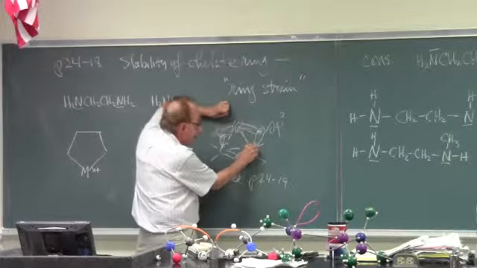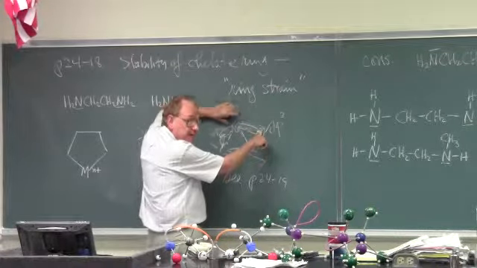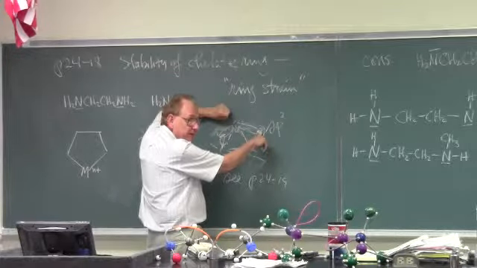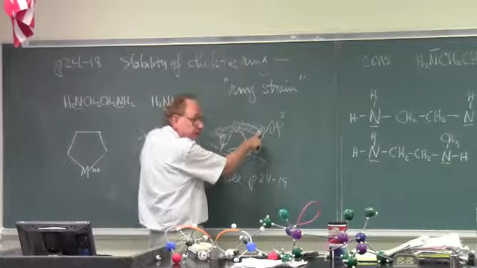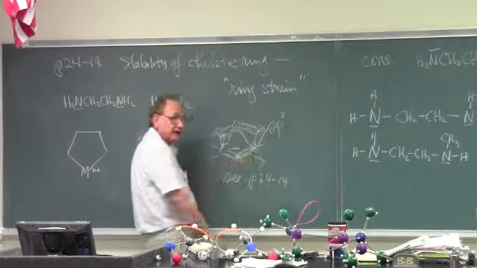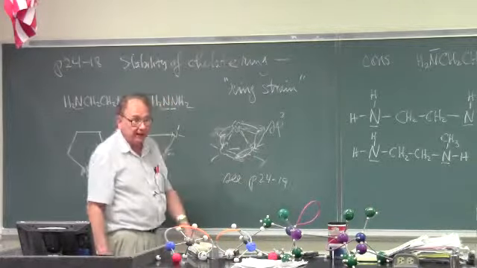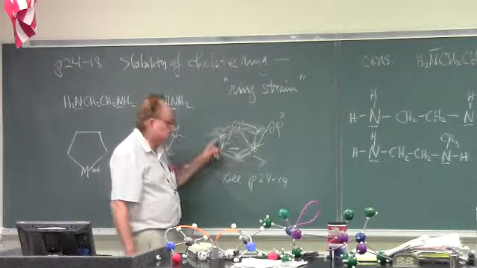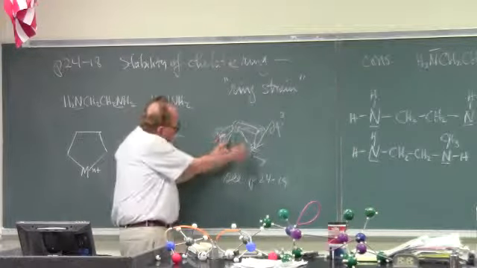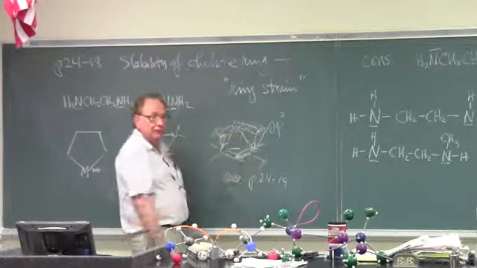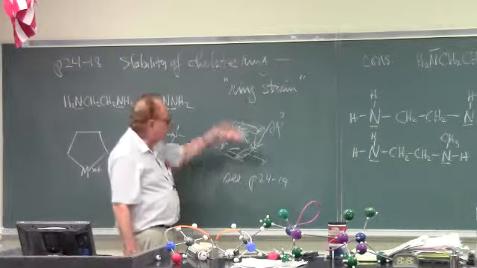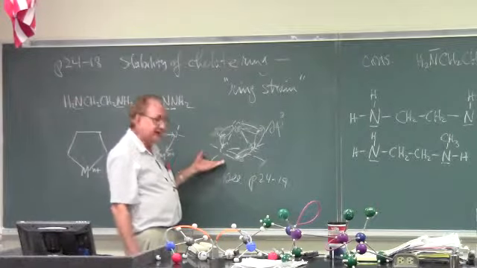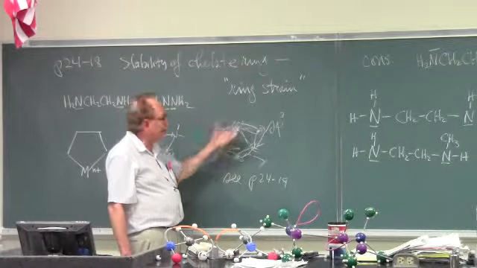Here's this imaginary axis, but the bonding electron pairs over here are far away from this imaginary axis, and consequently not effectively stabilized by these nuclei at all. But these bonding electron pairs have to be far away because if you try to put them here and here, the repulsion between these bonding electron pairs would be very severe. Upshot, this is not a stable ring at all. It's highly strained.